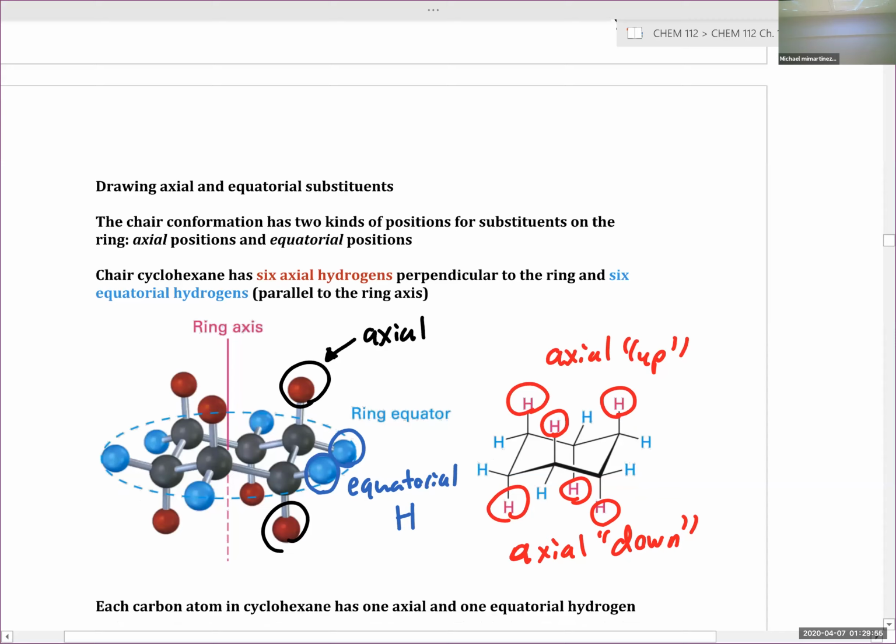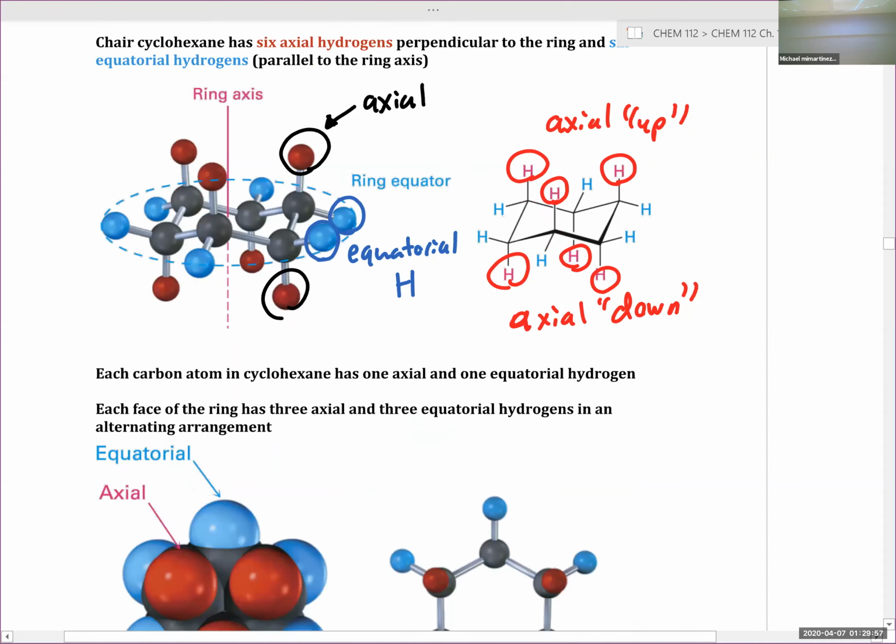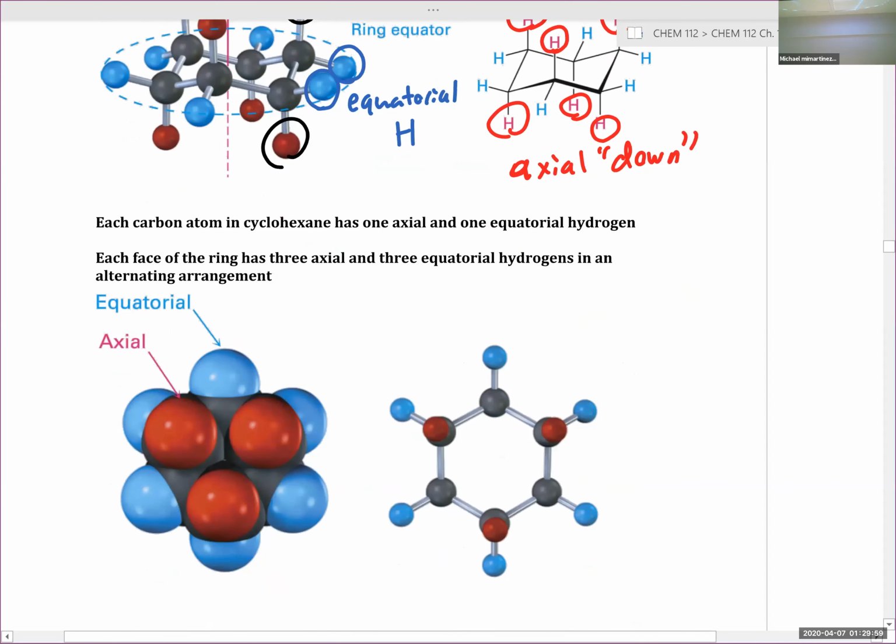Okay, so if we observe our cyclohexane ring just head on from the bottom up, we can clearly see our axial hydrogens and our equatorial hydrogens. So each face of the ring has 3 axial and 3 equatorial hydrogens.